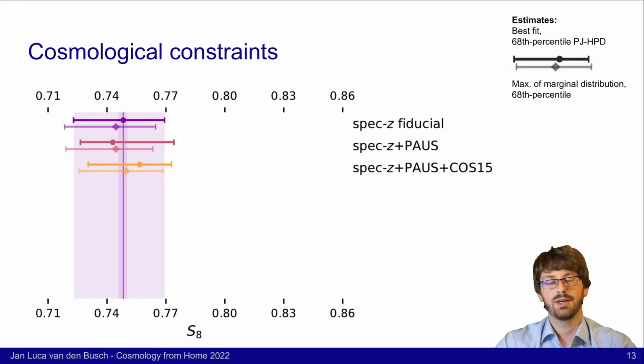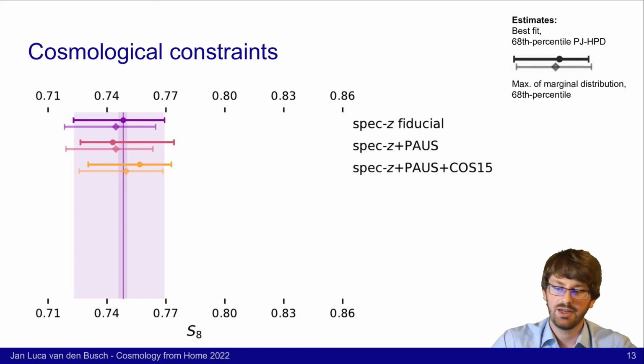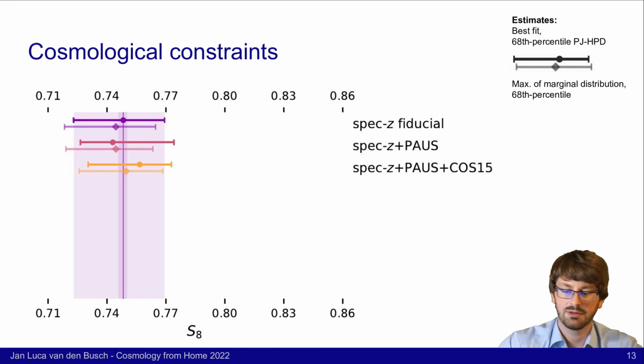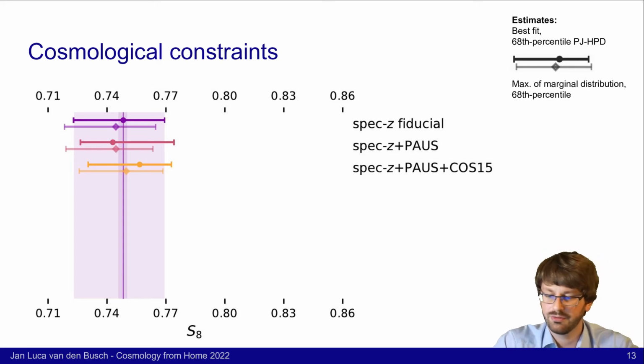And that's what we can see here on this slide, where we see the constraints on S8. Shown here are 2 points for each of these samples, which just represent 2 different ways of quoting parameter constraints that we get from MCMC chains. I would like to focus on this circular data point and the solid line, which represents basically the best fit and the 68th percentile uncertainty.